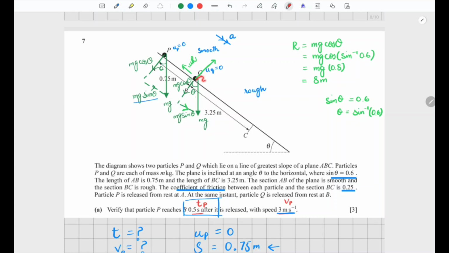We found the velocity of particle P and the velocity of particle Q. Now we have to find the time during which they will collide. 0.5 seconds have already passed.